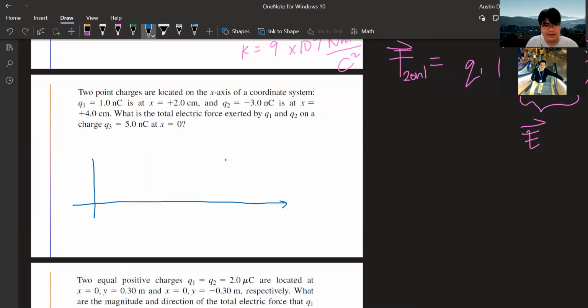You can solve along with me if you want. This is y, this is x. Q1, the first charge, would be at x equal to 2 centimeters, and the other at 4 centimeters. So this is 2, let's say this is 4.